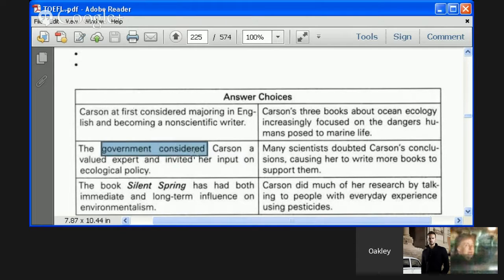So if we're saying the public representatives noticed her, considered her an expert, and invited her input, that's bringing attention to ecological policy. That looks pretty darn good to me.